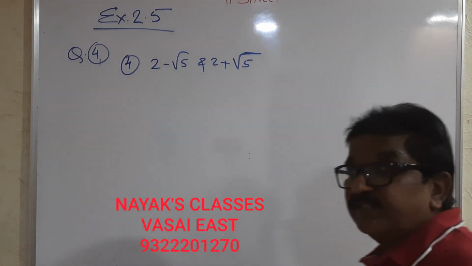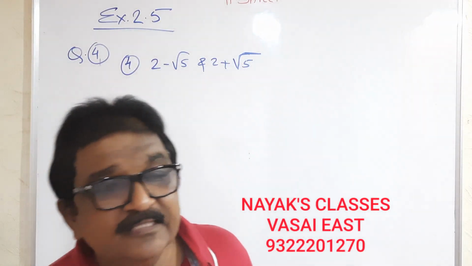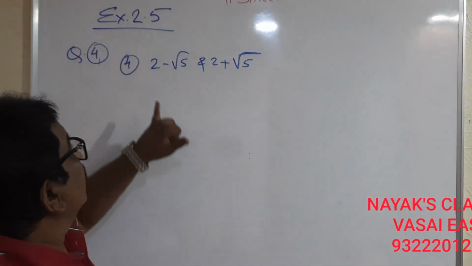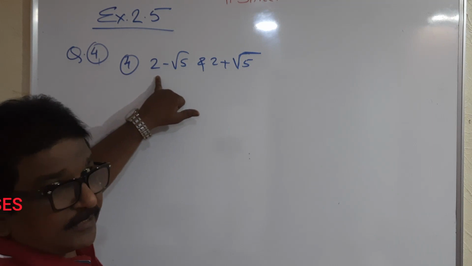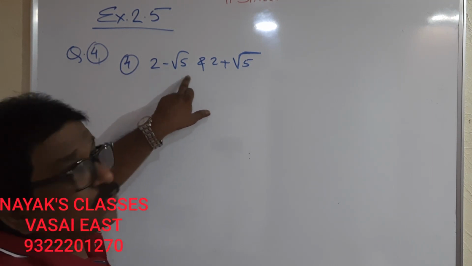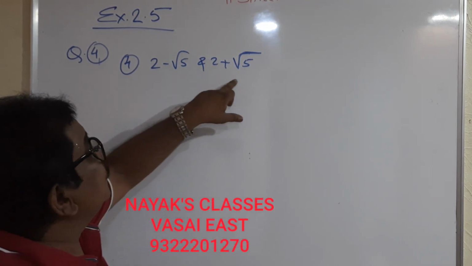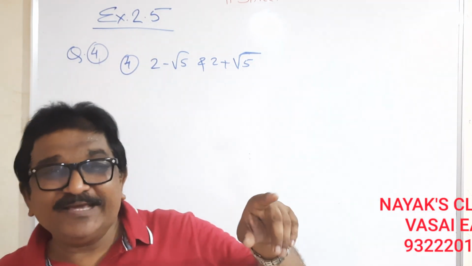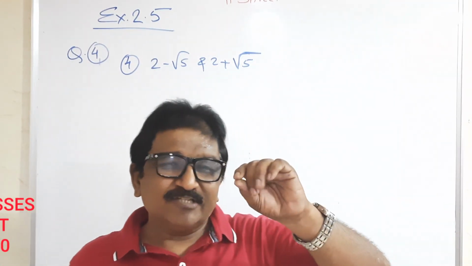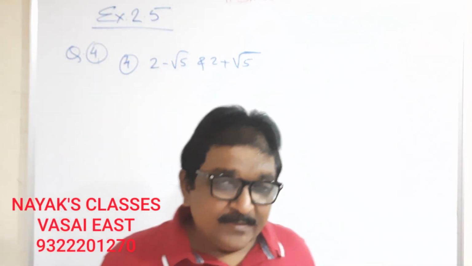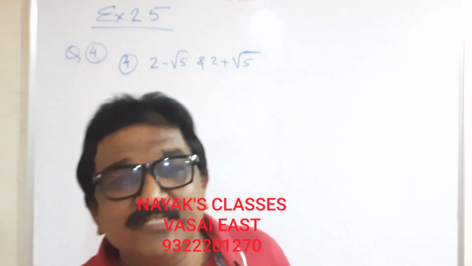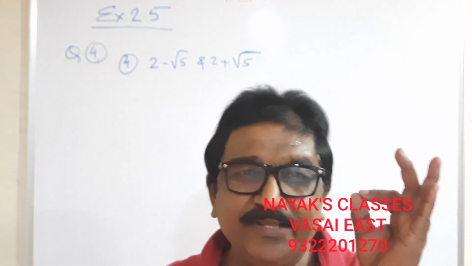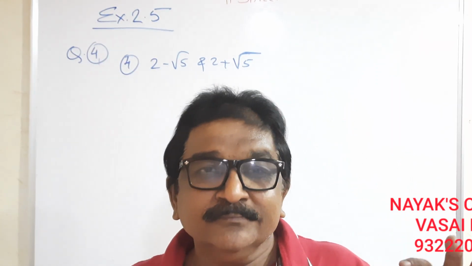This is the fourth example in the same question. The two roots are 2 minus root 5 and 2 plus root 5. These are the conjugate pairs you have studied in 9th standard. If your teacher had taught you, surds are very important in algebra.